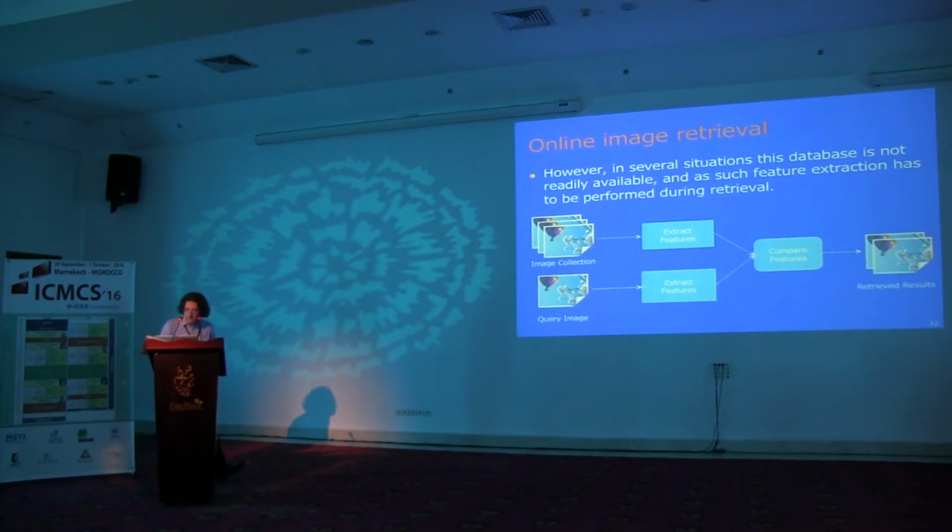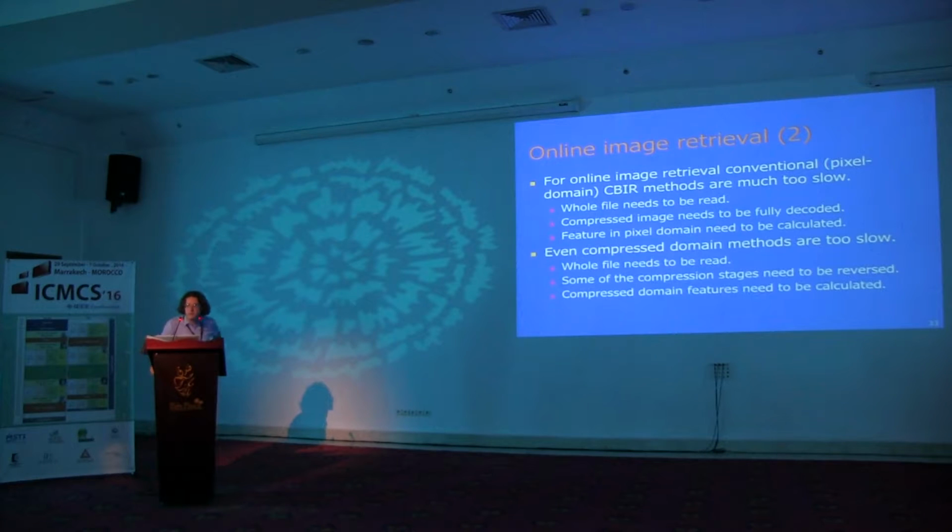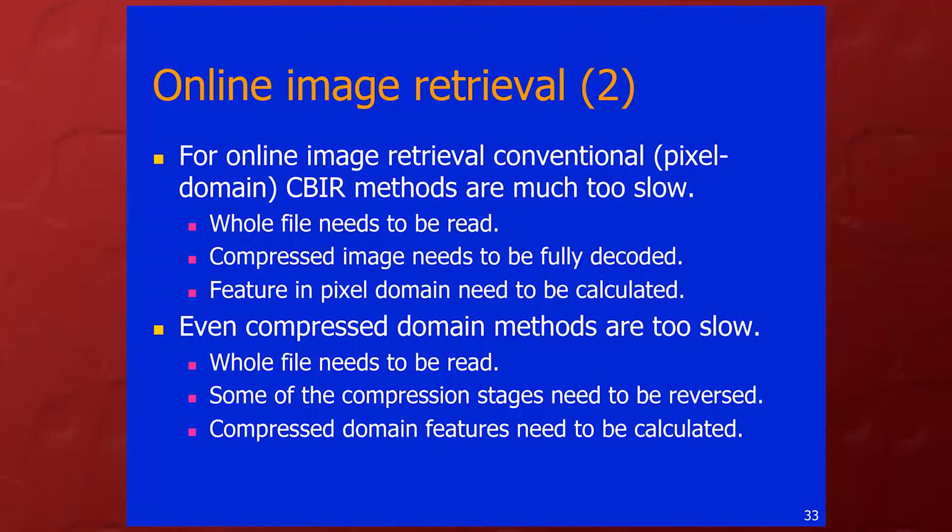So even those techniques that I've mentioned before, even though they operate in the compressed domain, are too slow, because we still need to retrieve the file, read the file, and extract features from the compressed domain, and the overhead associated with that is still quite large. So we thought we can do something about that.